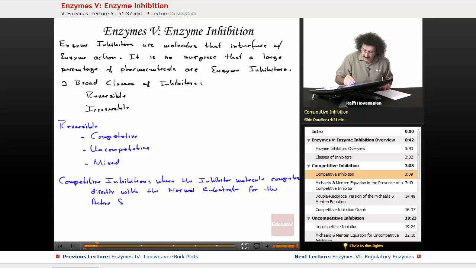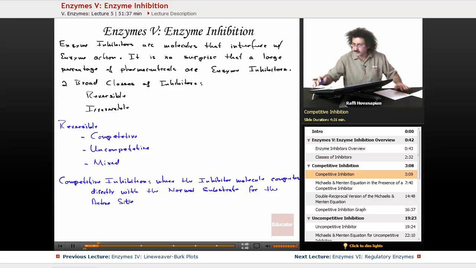So they both want to be in the active site, substrate and competitor. If the substrate makes it, the enzyme does what it does. If the competitor makes it to the active site before the substrate does, that's it. It blocks off entrance to the active site for the normal substrate.